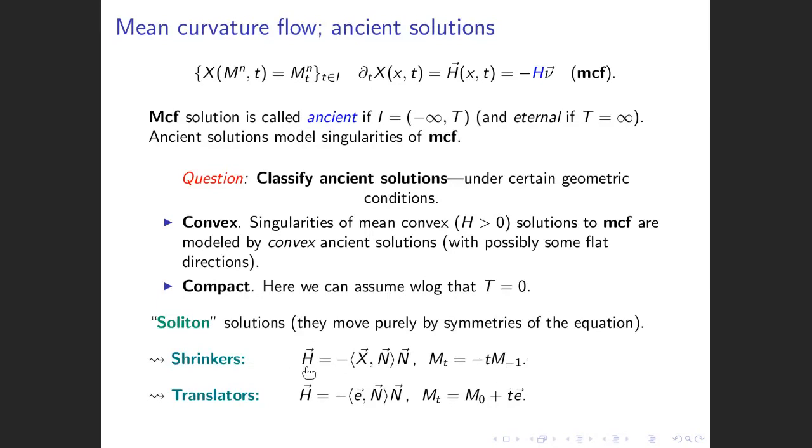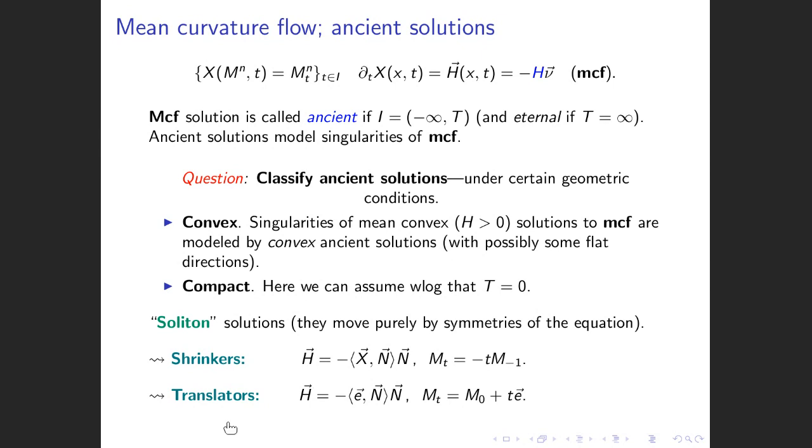And the mean curvature is equal to the position dotted with the normal. And this is what I meant before when I said that we don't have to study a parabolic PDE, but an elliptic PDE. Here we will have the mean curvature being prescribed via the position and the normal.